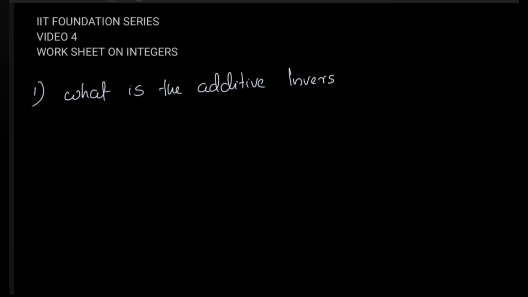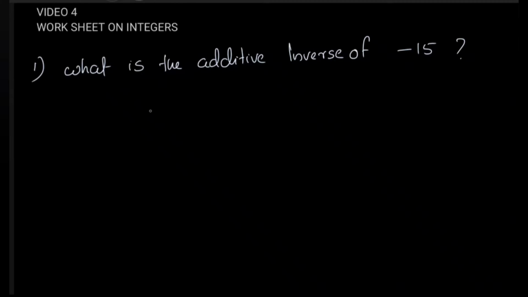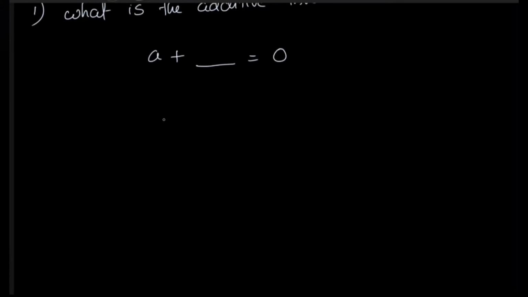So let's start. Our first question is: what is the additive inverse of negative 15? Any integer added with its additive inverse will give the answer 0. So for getting the additive inverse, that is our dash, we have to take this a to the other side.